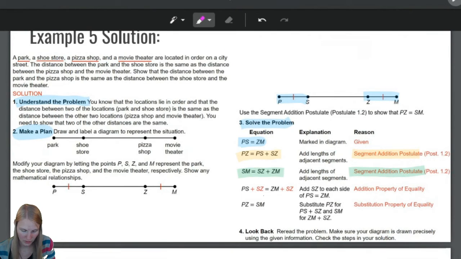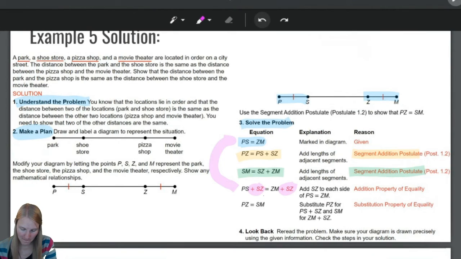And then they took this and they added SZ to both sides of it. So see, PS equals ZM, and they added SZ to both sides of the equation.